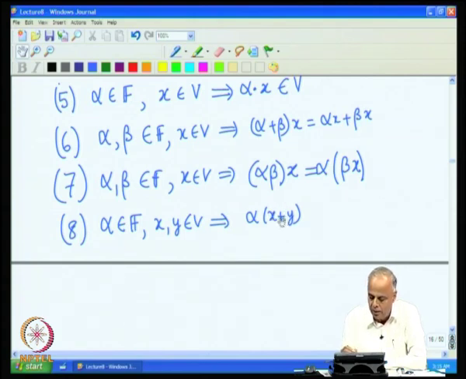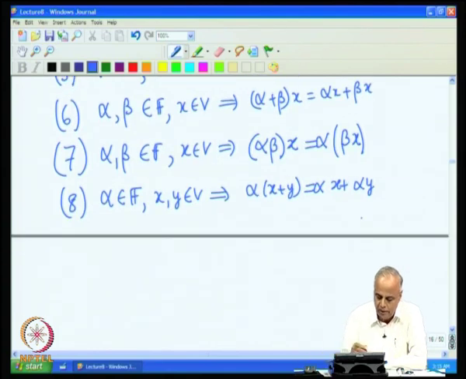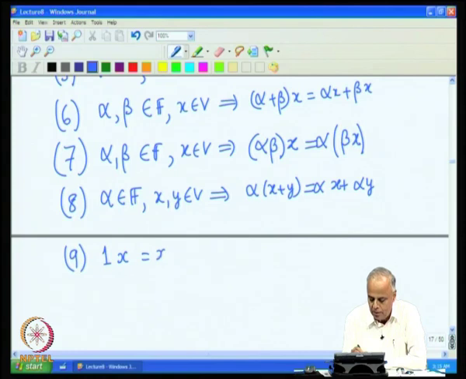This V element and this F element are combined, we will get a V element. What is that V element? First, combine the F element alpha with x, combine the F element alpha with y, you have two V elements, you add them. And finally, we had the 1 in the field, and if you scalar multiply an element in V, you must get x for every x in V.